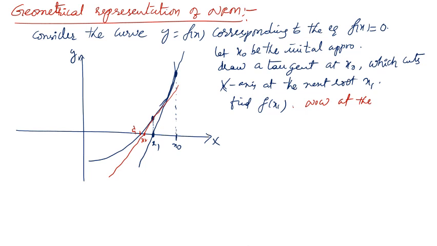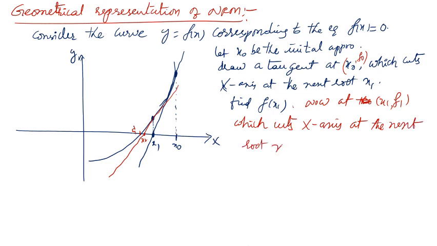Draw a tangent at x0 comma f0, then draw a tangent at x1 comma f1, which cuts the x-axis at the next root x2.